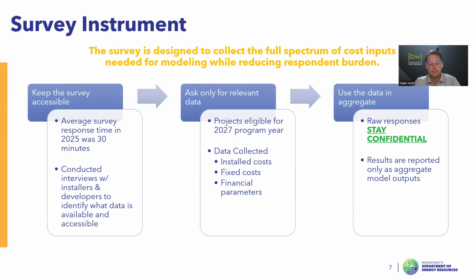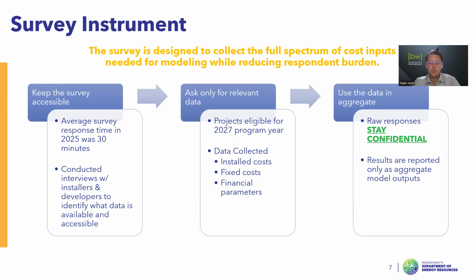So from that point on, all data is anonymized unless we have an explicit reason to go back and check who that specific respondent was. But nobody at DOER, nobody at the National Lab of the Rockies, nobody outside of BW Research would have access to any of the information that you provide.